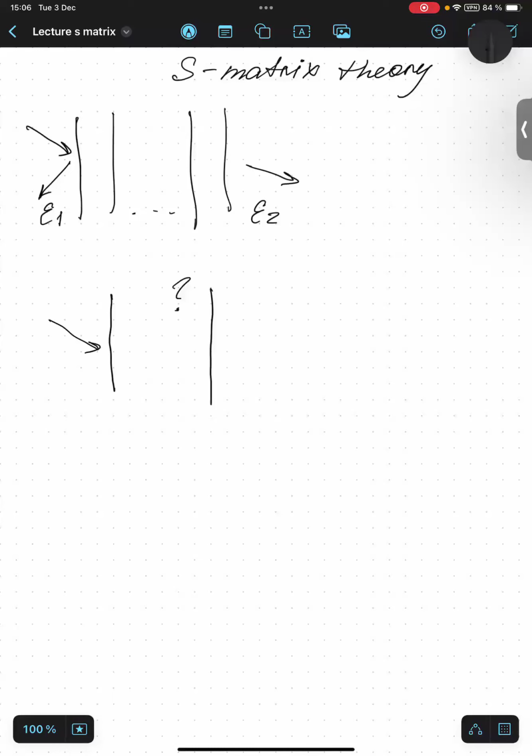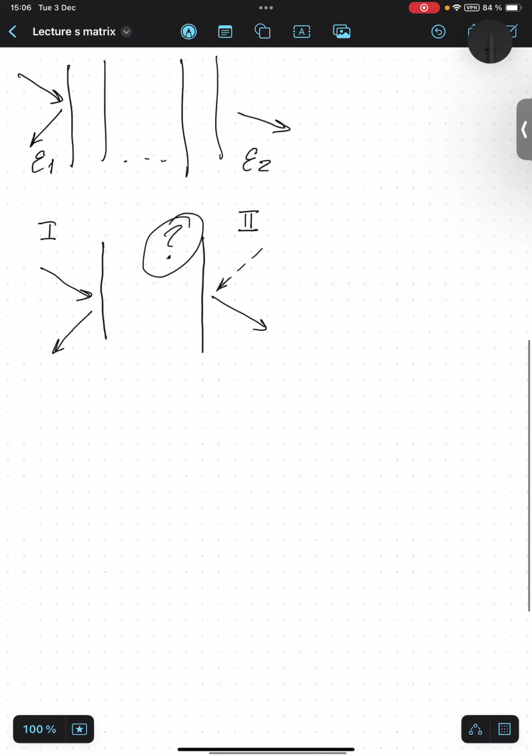You again have incoming field, for example, reflected field, some transmitted, and we may have here also incident field from this side. Let's say that this is the first region, this is the second region. For now, we don't know the structure of our system.